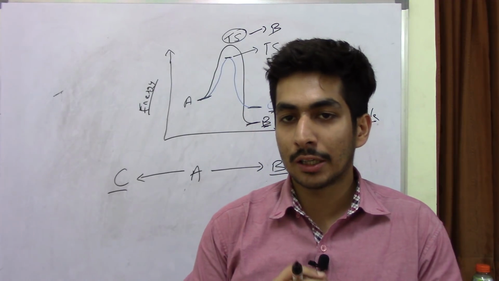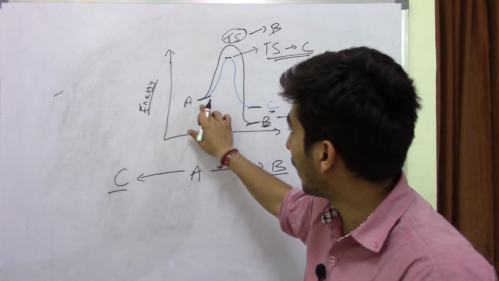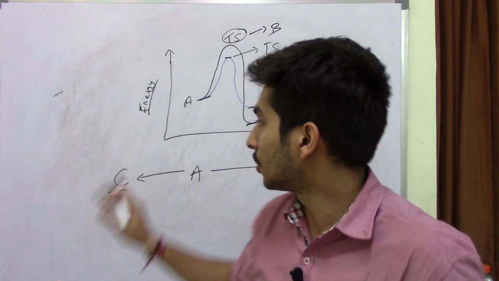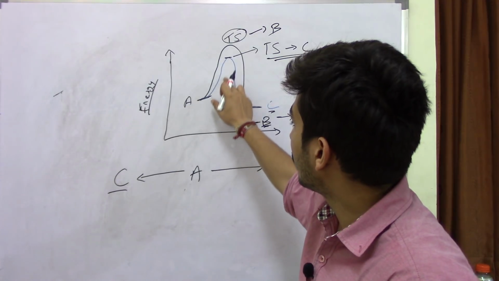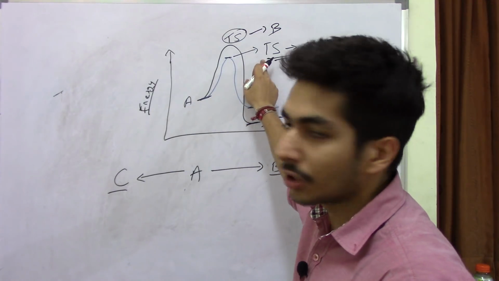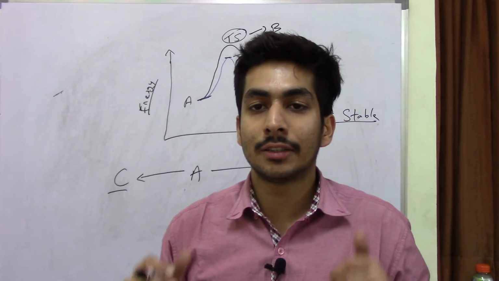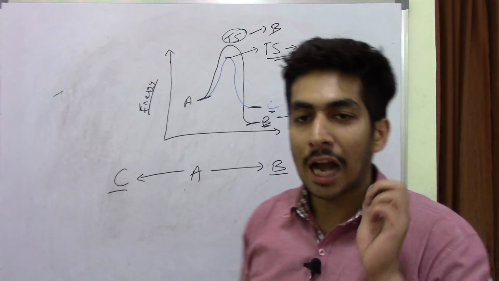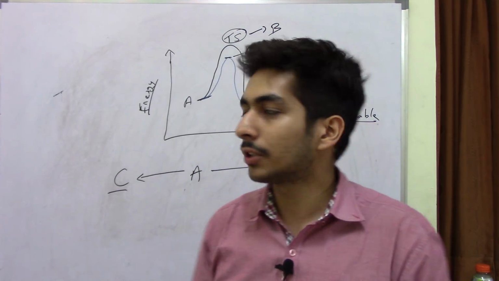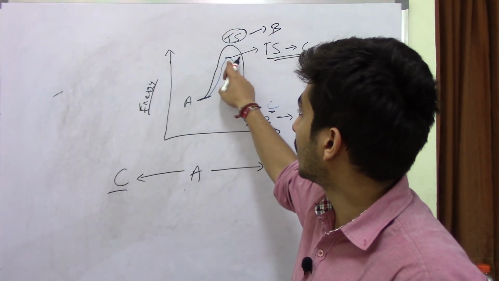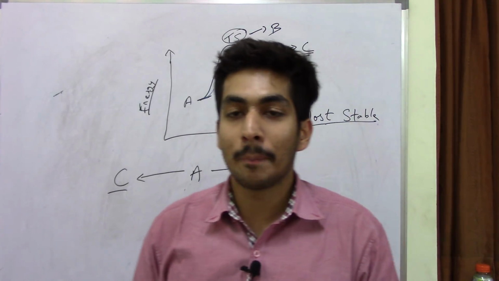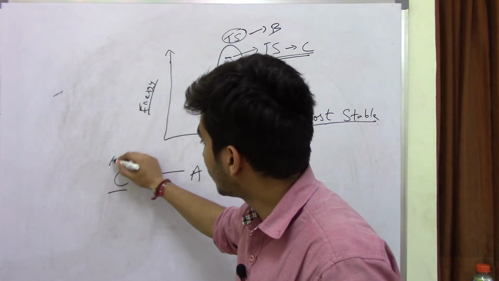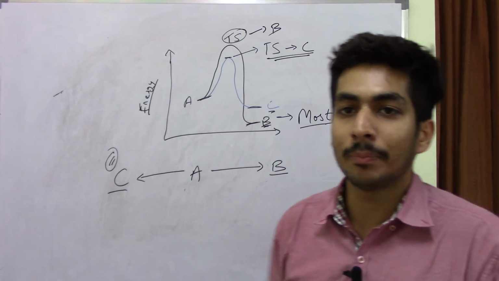Now what we can understand from this is that if I provide some minute amount of energy to this reactant A, so that it can only go up to the transition state energy of C, I will not provide it that much energy that it can reach the transition state energy of B. I will only provide the energy required so that it gets to the transition state of C. Then in that case the major product formed will be C. So compound C, even though less stable, will be formed in major quantity, right?